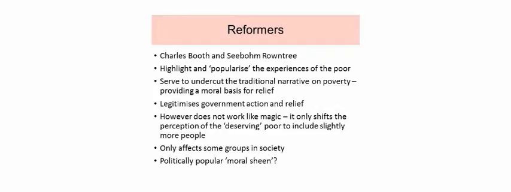Everyone knew there were poor people. You cannot maintain an argument that Booth and Rowntree suddenly revealed that there is poverty. What they do is, in a very statistical, methodical way, highlight the experiences with clear, populist, easy to grasp, shocking statistics. Okay, so they package poverty.